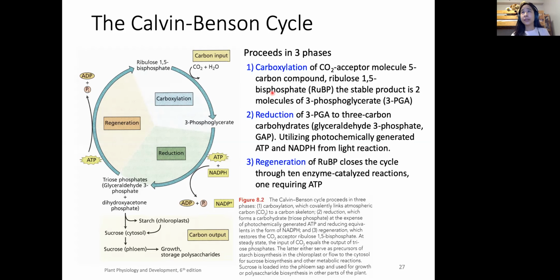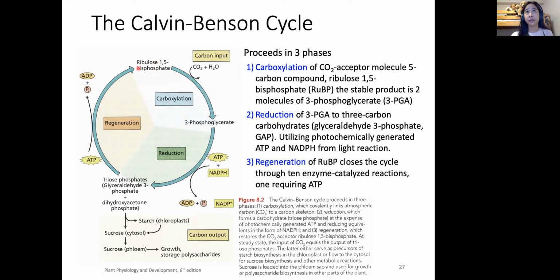So the Calvin-Benson cycle has three phases. The first one is carboxylation, as the name suggests. Carboxylation is the carbon fixing. We start by using the 5-carbon molecule, ribulose 1,5-bisphosphate, or RuBP in short.